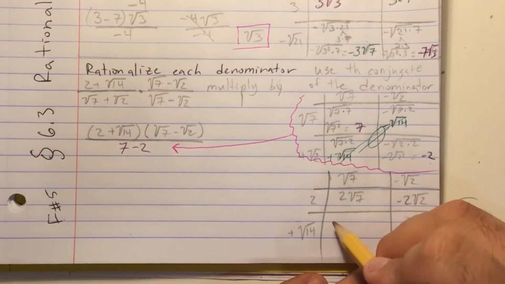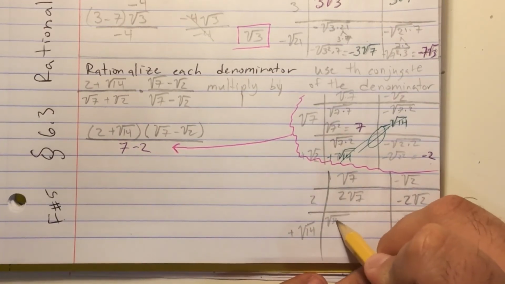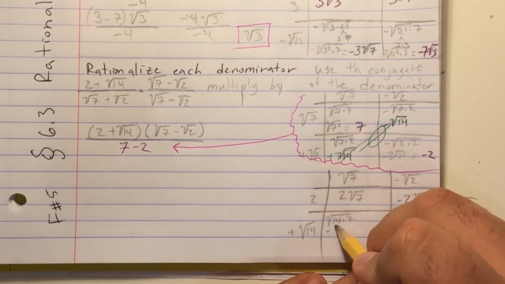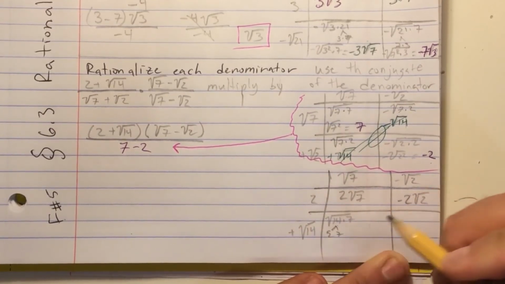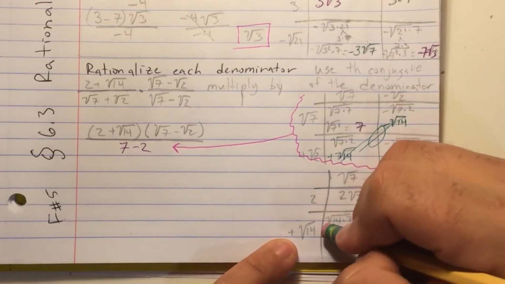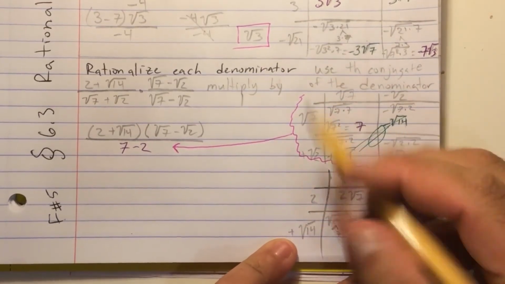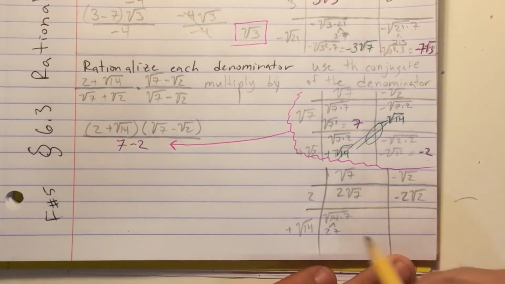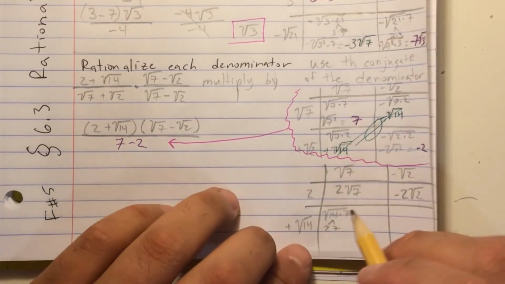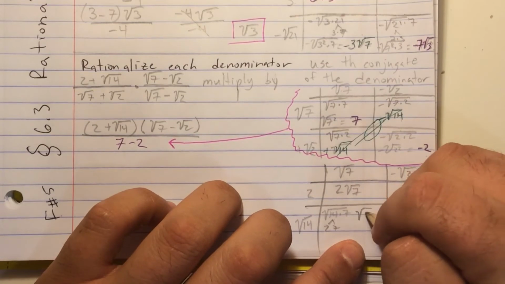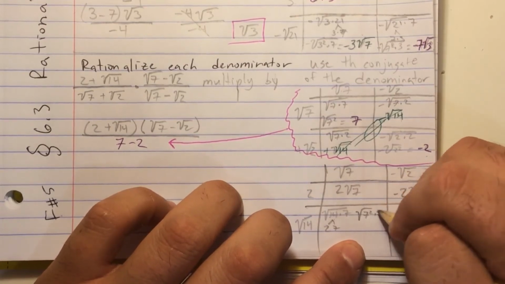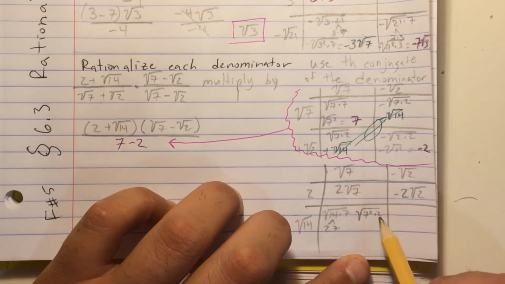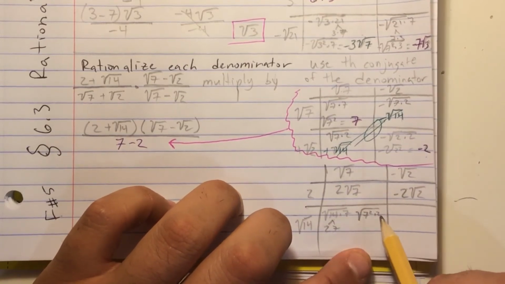Okay, now we have our radical 14 times 7, but 14 is actually 2 times 7. So I can rewrite this as radical 7 squared times 2, because there's 2 7s left, and the radical 2 stays over there.